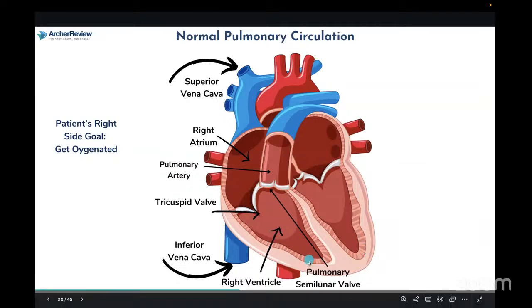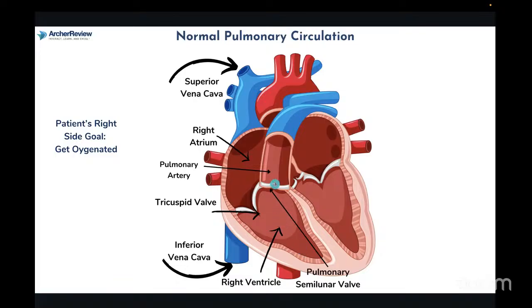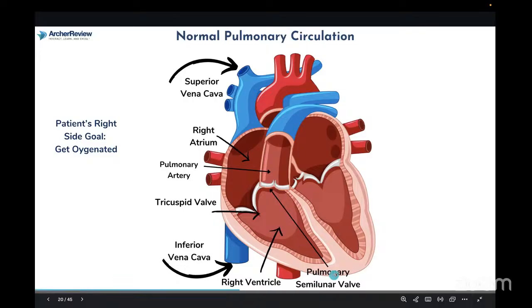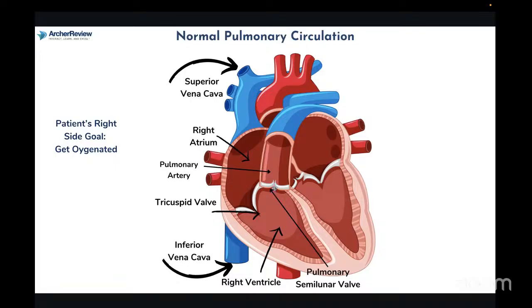And then your heart will contract and it will push that blood up through the pulmonary semilunar valve. Again, pulmonary because we're going to the lung here. Once it passes through the pulmonary semilunar valve, it will go into the pulmonary artery, where it then meets or gets into the lungs and gets rich on oxygen. So that's the pulmonary circulation.